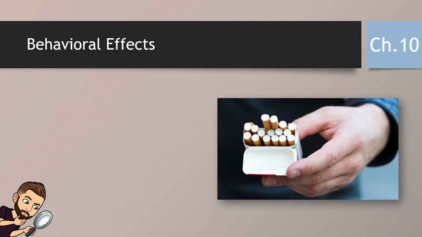All right, now let's switch over and talk about some behavioral effects. So number one, when talking about behavioral effects, is reinforcement, right? We talked a little bit about this just a second ago. One of the reasons why nicotine is so addictive and reinforcing is because of these reinforcement behaviors. It acts on such a short time scale that people are drawn to repeat these actions over and over and over again.